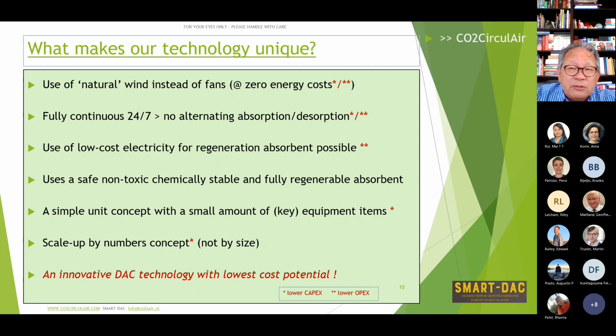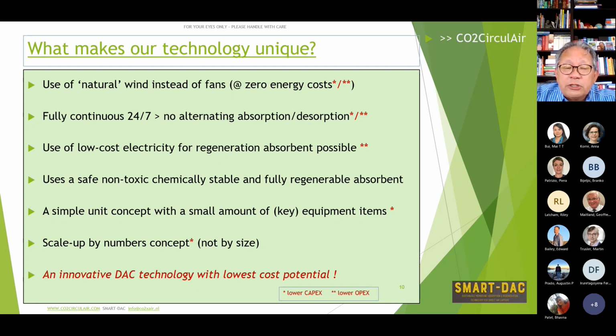We have a little energy because we need to circulate the absorbent, but it is circulated at centimeters a second, so that doesn't really cost energy, not compared to creating wind with fans.